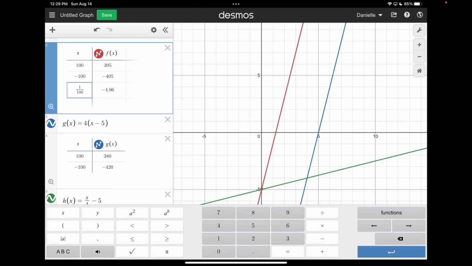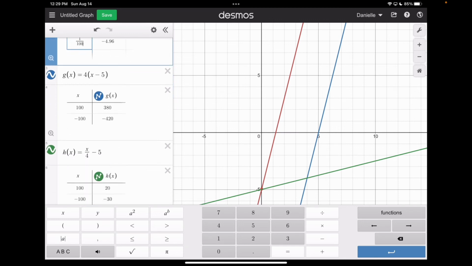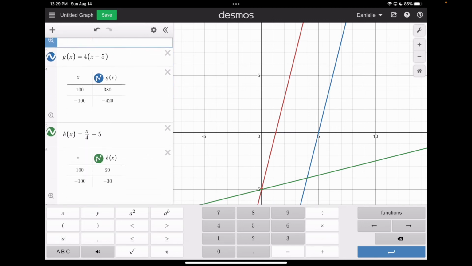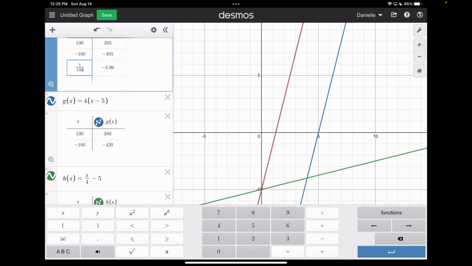Now, I actually didn't give you my prediction before this, but I do think these are all lines. This one might be a little close because of the negatives and because of the fractions. Now, if we're taking a fraction and dividing it by a fraction, that is actually going to make it bigger. So there is a chance that h down here actually is larger in this case. So we'll find out together.